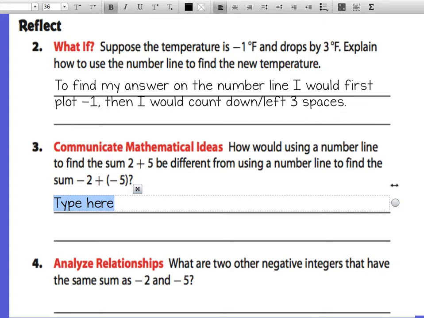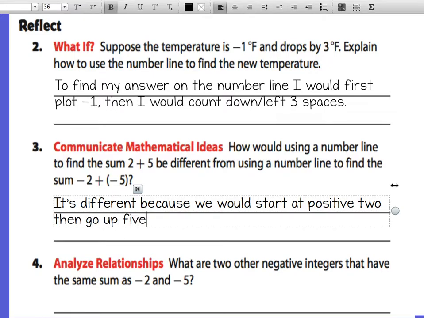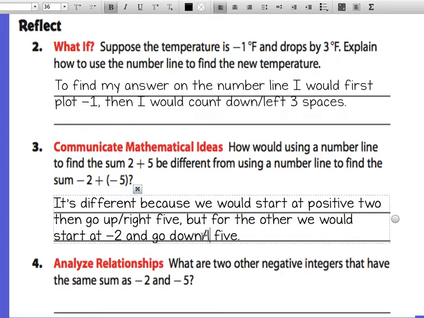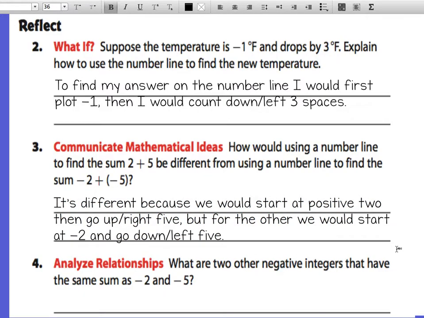So here, in this case, it's different because we would start at +2, then go up 5, but for the other, we would start at -2 and go down 5. And actually, I shouldn't say just go up 5. We would go up or right 5, and we would go down or left 5 on the number line.